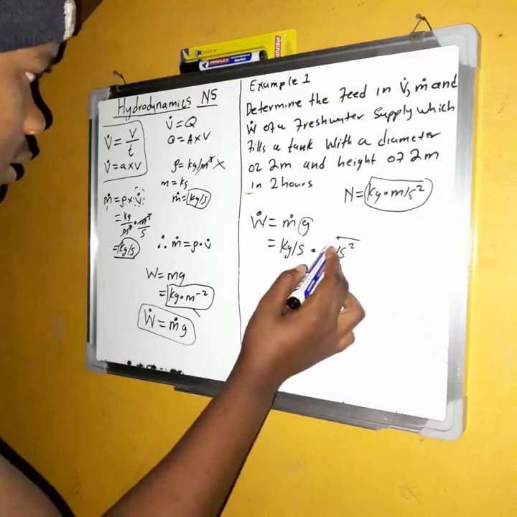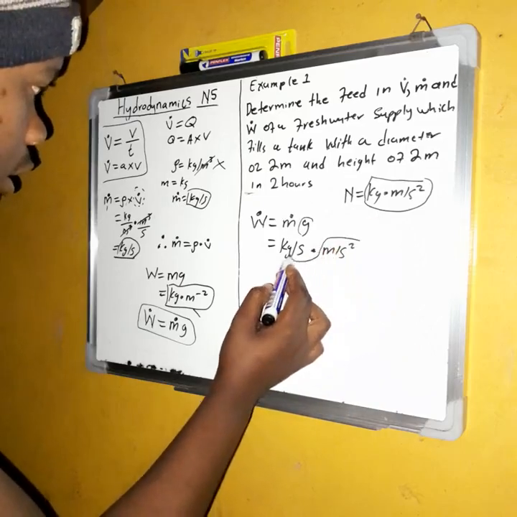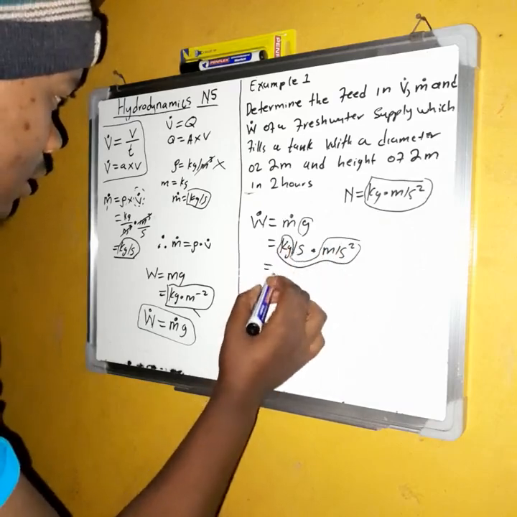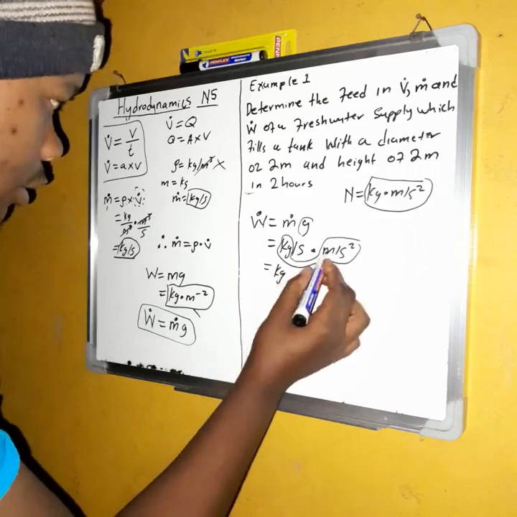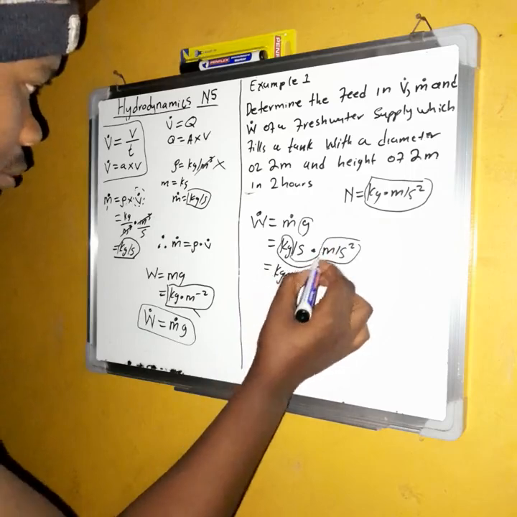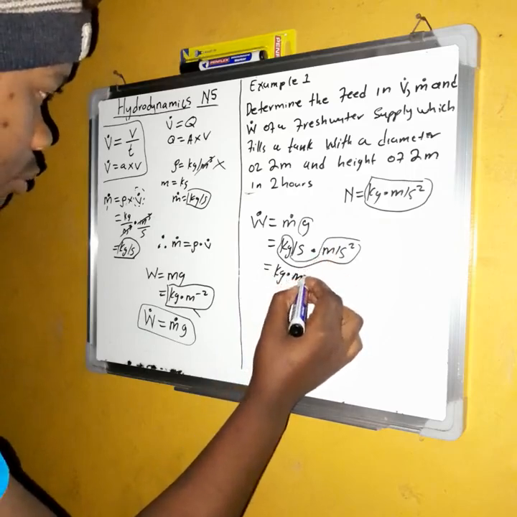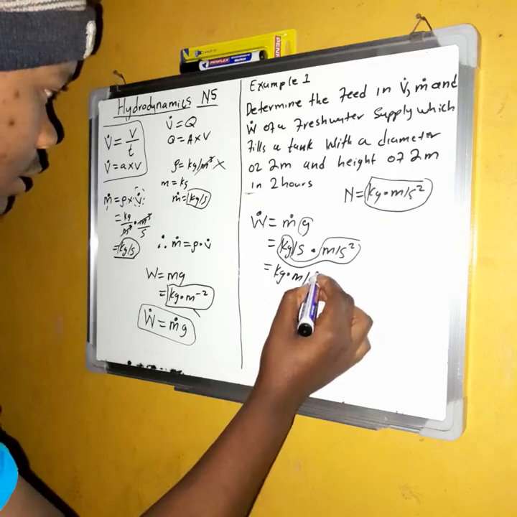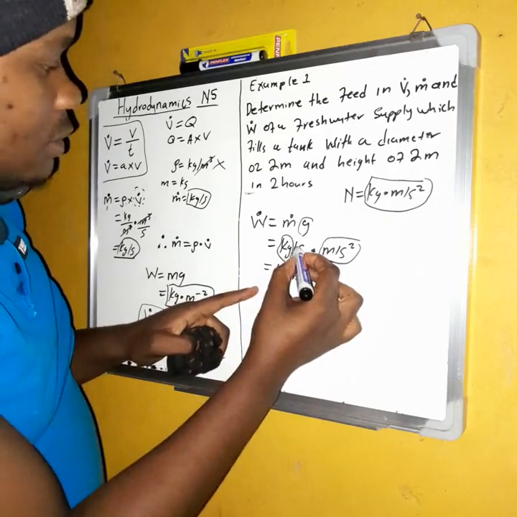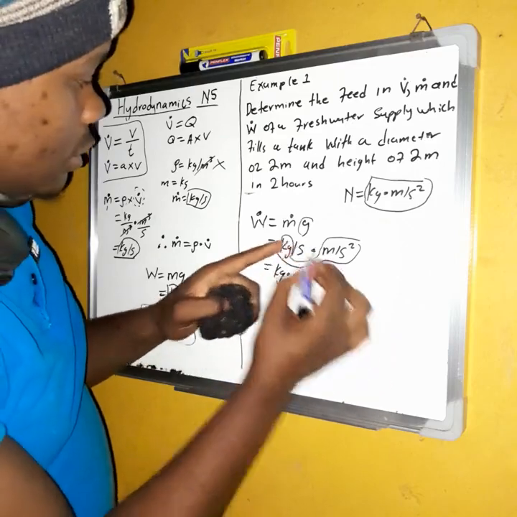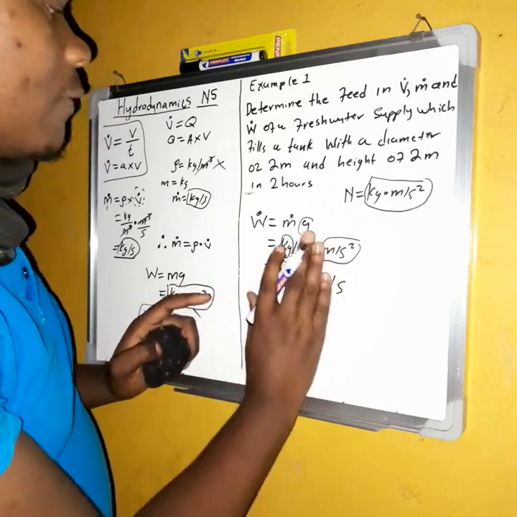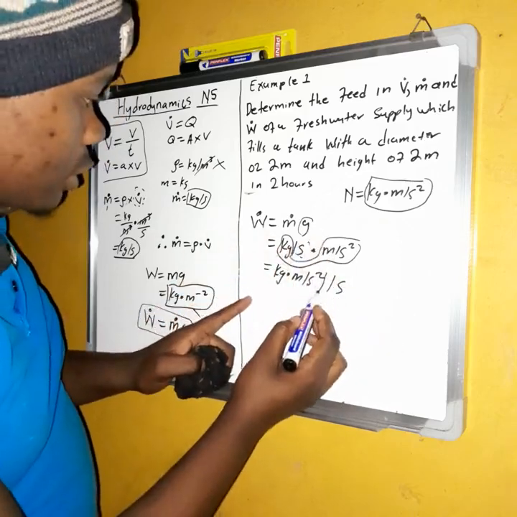If we group this together and exclude that, we'll have kg multiplied by meters per second squared. But we are left with s. It's s here, which is per second. We have these seconds. But what about this?